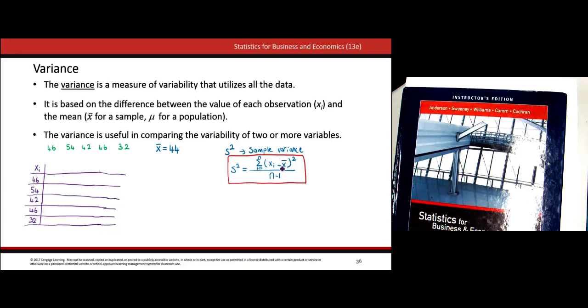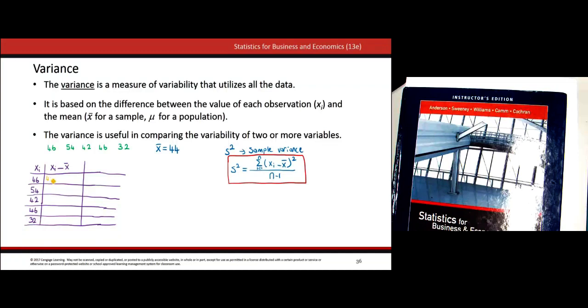Looking at the formula, what do we need to do? We need to take care of the inside of the parentheses first, which is xi minus x bar. What does this mean? This means we subtract the mean from each xi. What are those xi's? Observations. So we subtract the mean from each observation.